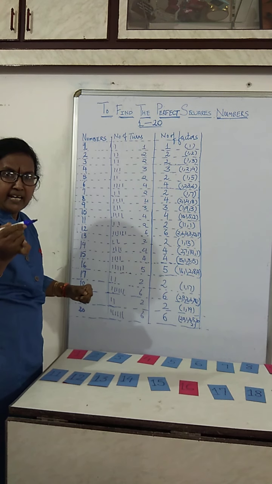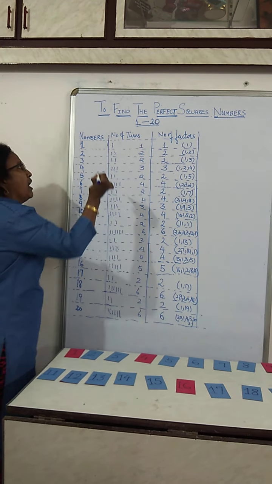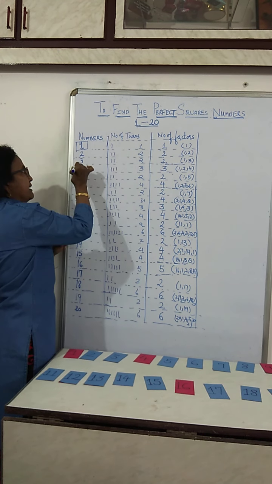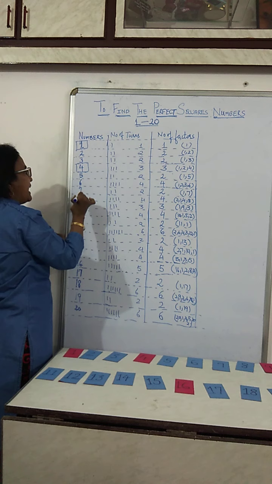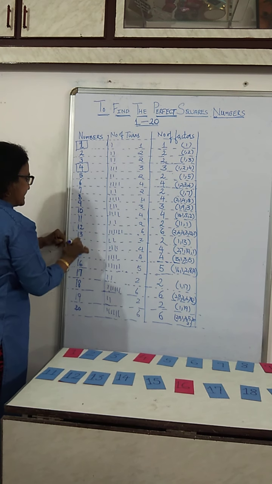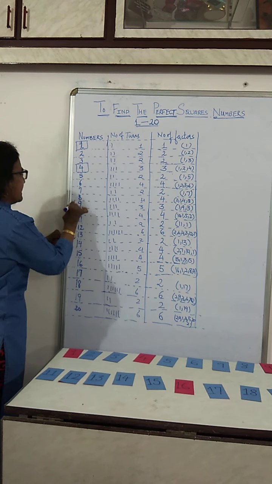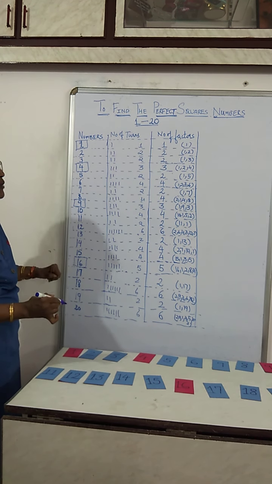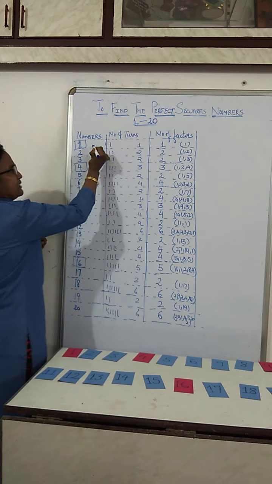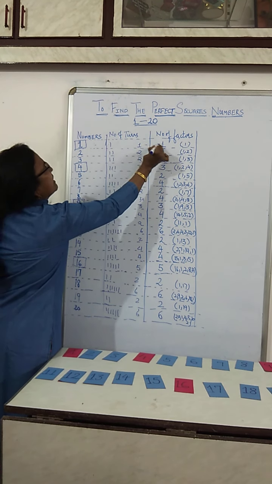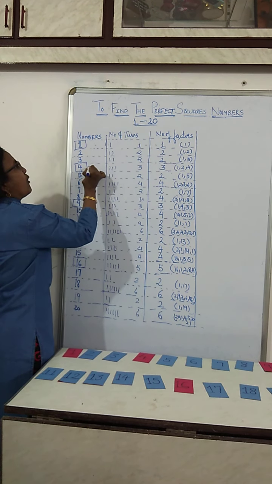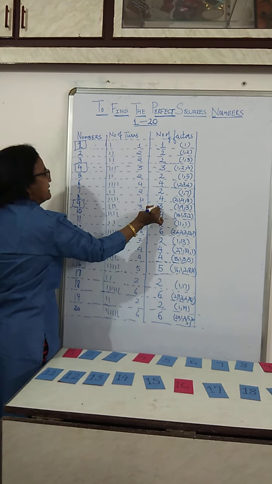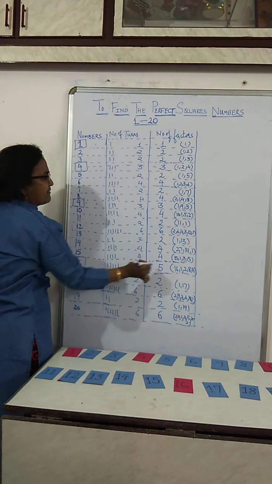Plus there is another relation. All these perfect square numbers which we found were 1, 4, 9 and 16. Now see the number of factors of these. 1 has 1, 4 has 3, 9 has 3, 16 has 5.